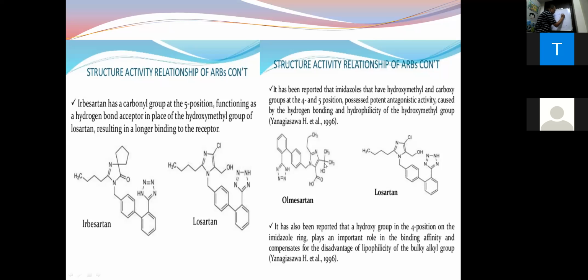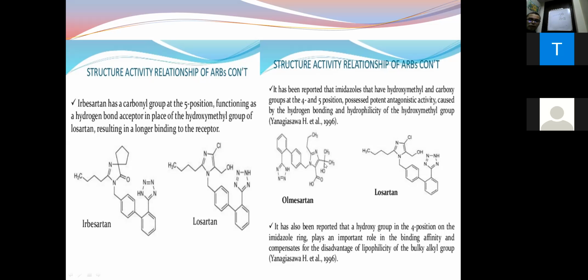And instead of your methanolic group, that is the alcoholic group, there is a carboxylic acid group. So this is the structural difference between losartan and olmesartan. It has been reported that imidazoles that have hydroxymethyl and a carbonyl group at 4 and 5 possessed potent antagonist activity caused by hydrogen bonding and hydrophilicity of the methyl.